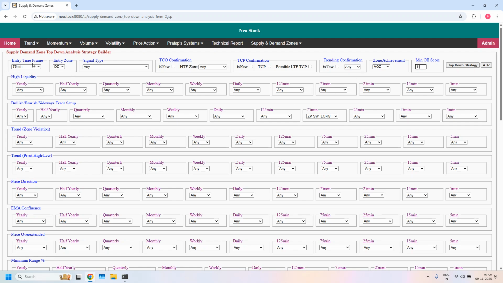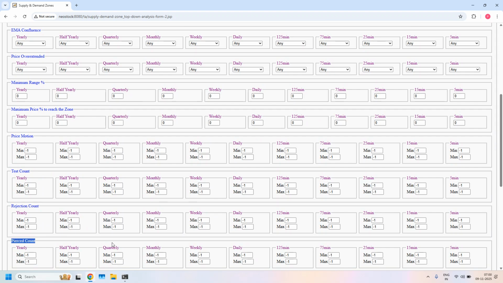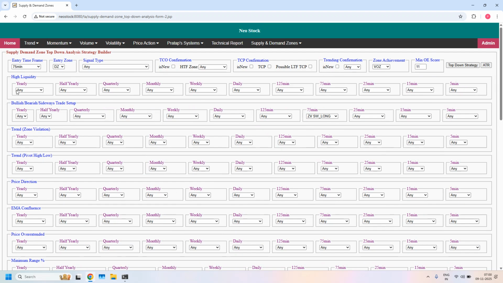Now I am adding third filter also, that is 75 minutes demand zone should not pierce. So in the pierced count parameter at 75 minutes time frame, I am entering minimum value 0, maximum value 0. That means pierced count is 0. Pierced count 0 means zone is not pierced. Which zone? Whatever you enter here. I entered 75 minutes demand zone, so 75 minutes demand zone won't be pierced.